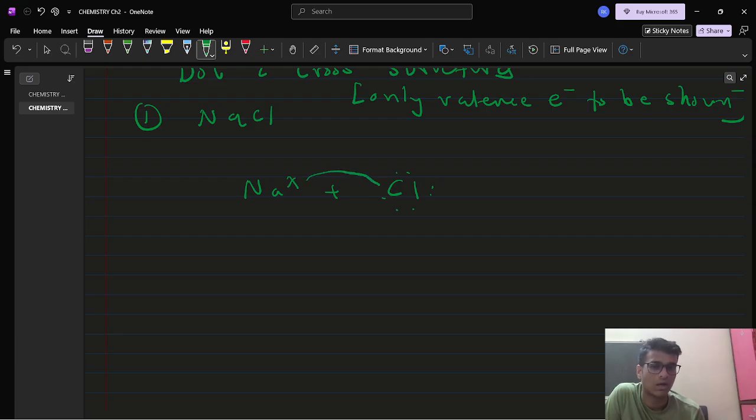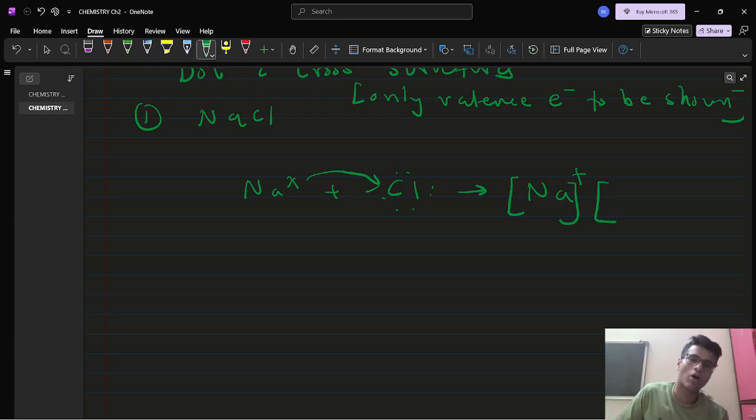Showing the arrow is compulsory. This will form Na plus. This plus is not the cross, it is a plus, don't get confused. In the textbook they have given a plus sign here also, but it is wrong. Don't draw the plus sign, teachers don't like it, because it is a compound, and in a compound we cannot show a plus sign, they are together.